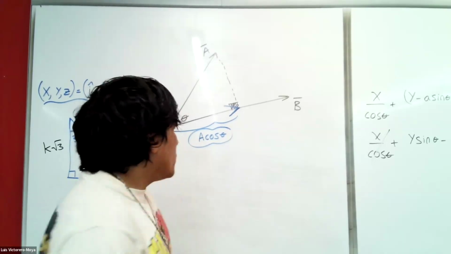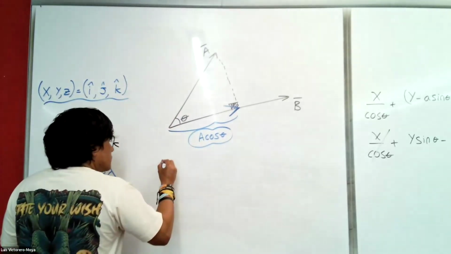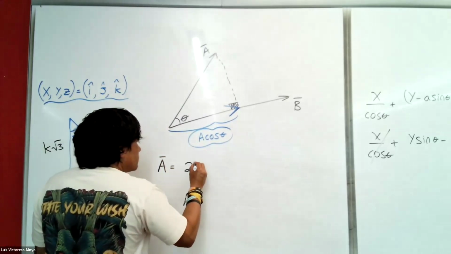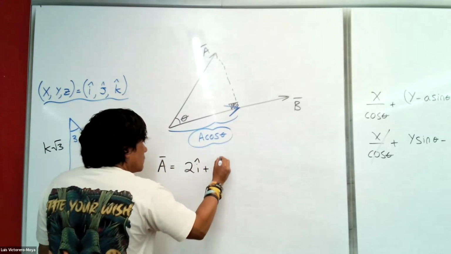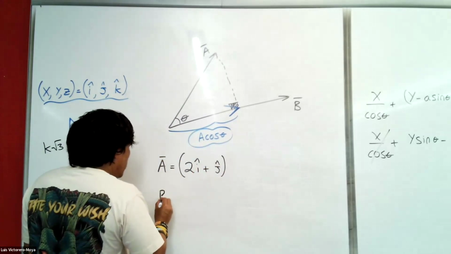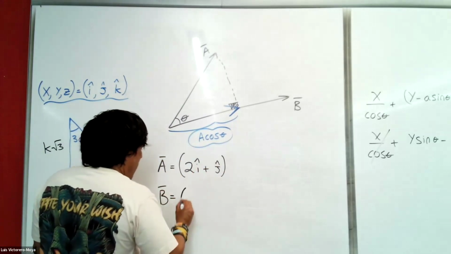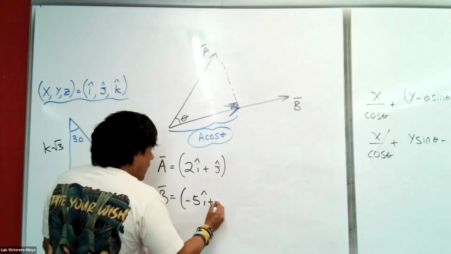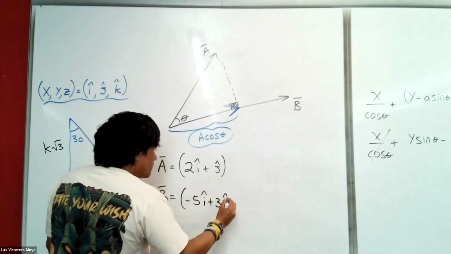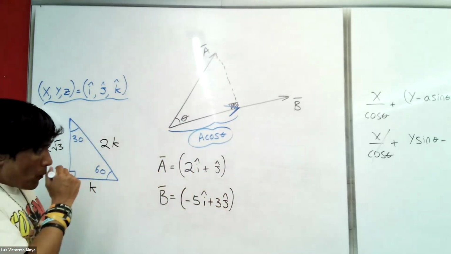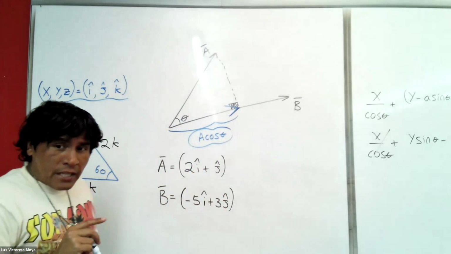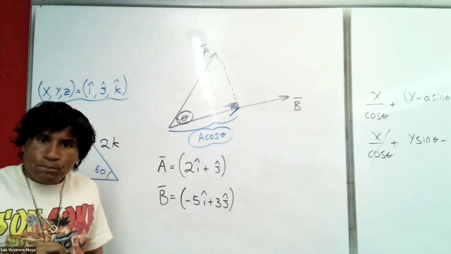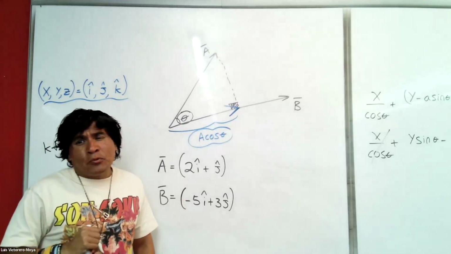But let's say you're given a vector A, 2i plus j, and vector B, negative 5i plus 3j. How do you do the dot product of these vectors? And then you see that we can use this to find the angle theta. That's the idea with the dot product, to find the angle between vectors.